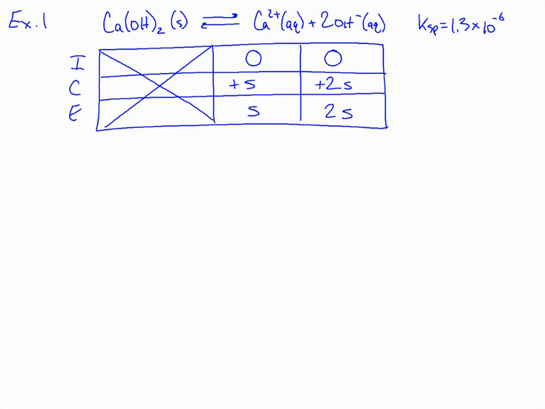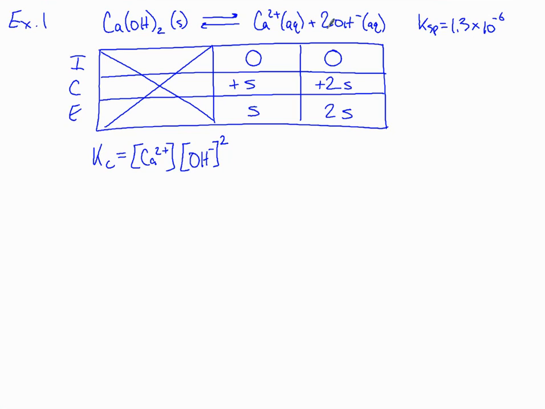We can figure out the value of S by using the equilibrium expression. So Ksp, the equilibrium expression for this reaction, is the concentration of calcium ions, and that's to the first power because our coefficient is 1, times the hydroxide concentration to the second power because its coefficient is 2.